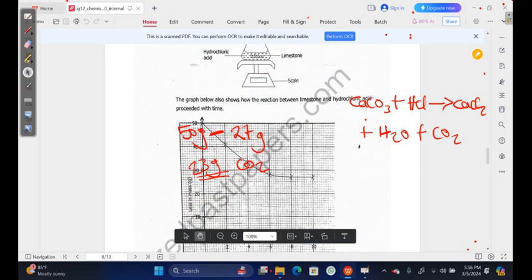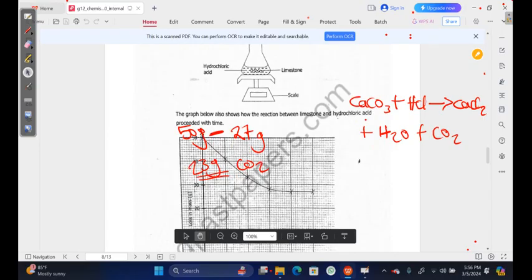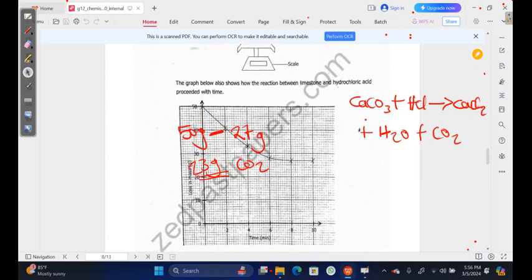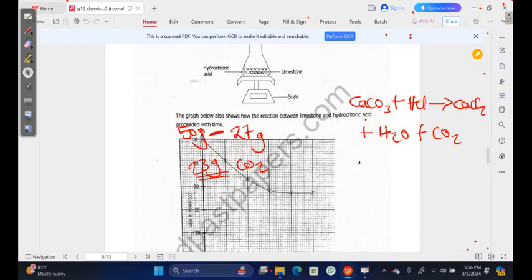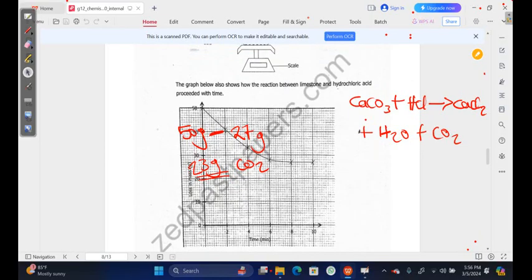Now for us to find the mass of calcium carbonate which was used up, let us first analyze the carbon dioxide which was given off. At 1 minute, which is half of 2, you keep going up on your graph. This is 1, 2, 3, 4, 5, so half is here.